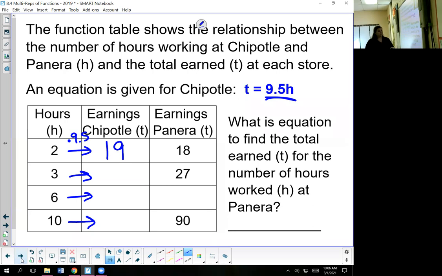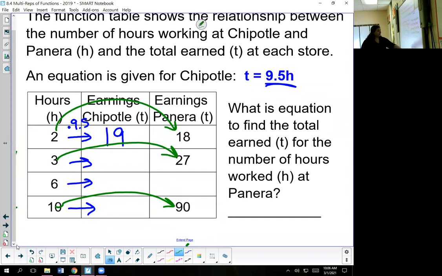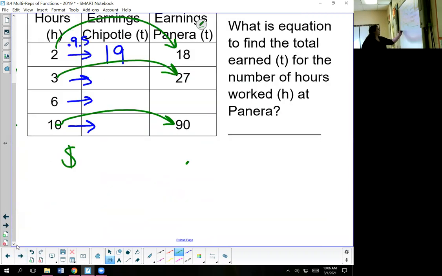But if I want to figure out what the equation is for Panera, I'm going 2 hours, I made 18. 3 hours, I made 27. 10 hours, I made 90. What's the rule? Again, just like we did before, find the unit rate. What am I getting paid per hour? Well, if I'm making $18 for 2 hours, what am I making for 1 hour?